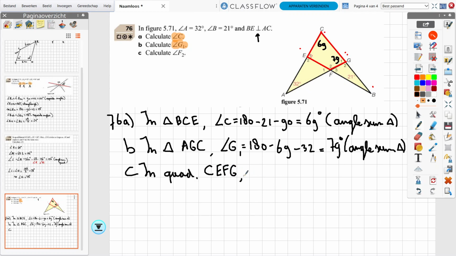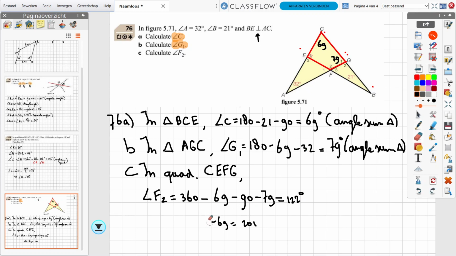You can say that angle F2 is 360, angle sum of a quadrilateral, minus 69, minus 90, minus 79. Oh, this is not a very nice one to do mentally, maybe. 360 minus 90 is 270, minus 69 is 201, 201 minus 79, that's 200 minus 78, so this is 122 degrees, if I'm correct.